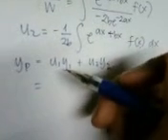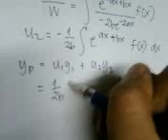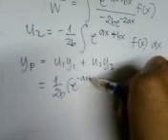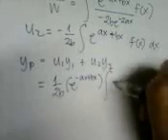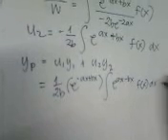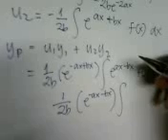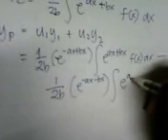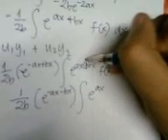So y particular is equal to 1 over 2b times e raised to negative ax plus bx times the integral of e raised to ax minus bx times f of x dx, minus 1 over 2b times e raised to negative ax minus bx times the integral of e raised to ax plus bx times f of x dx.